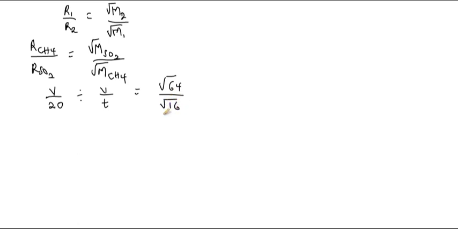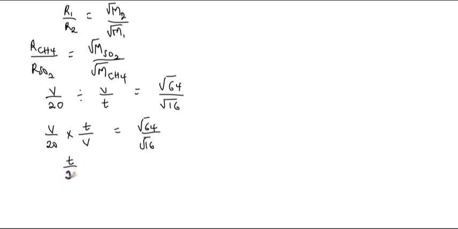Changing the division sign to a multiplication sign, we have V over 20 multiplied by T over V, which is equal to square root of 64 over square root of 16. Here V cancels out, and we have T over 20.